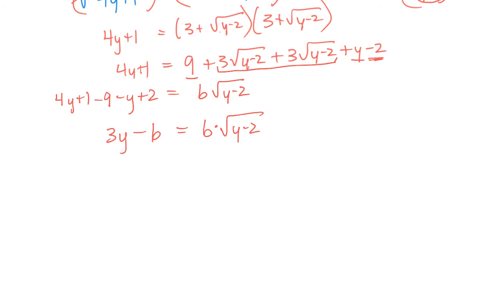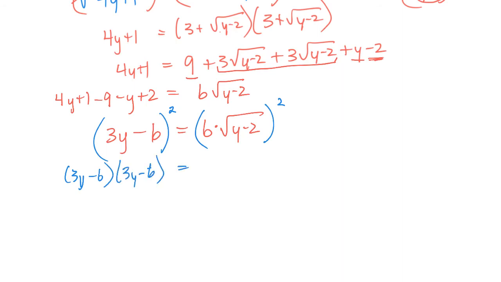Okay, so square this side, square this side. On the left side, I'll have 3y minus 6 times 3y minus 6. On the right side, I'll have 36, and then the square of this cancels that, so that'll just be y minus 2.